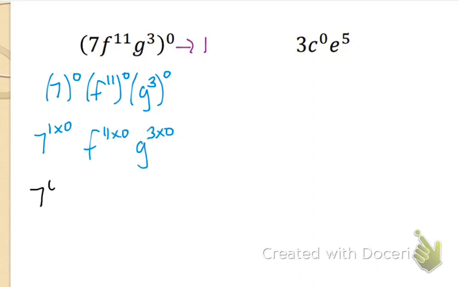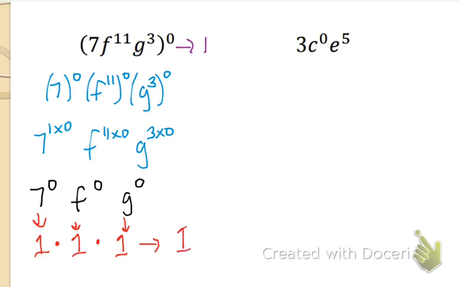Here we get 7 to the 0, f to the 0, g to the 0. Well, we just learned that this is 1, this is 1, and this is 1. Well, what is 1 times 1 times 1? 1. So yeah, the answer is 1.